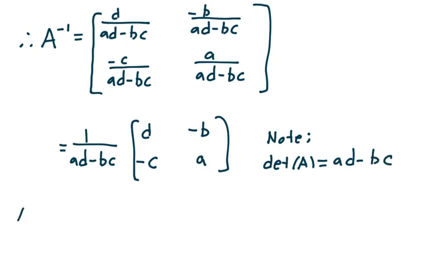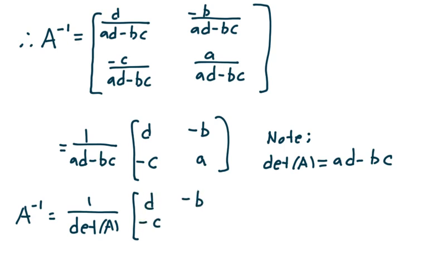And so, therefore, A inverse is 1 over the determinant of A times the matrix D, negative B, negative C, A. So we want the determinant of A to not equal 0 for this to make sense. And I assumed for sake of argument A wasn't equal to 0 also for this to work.